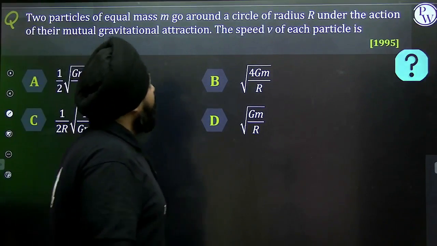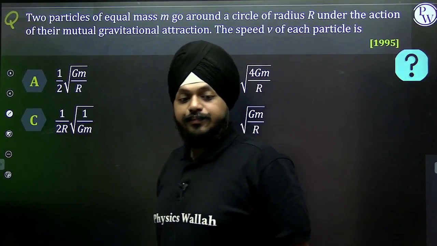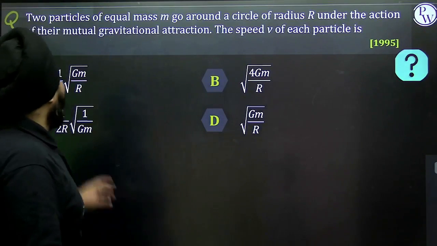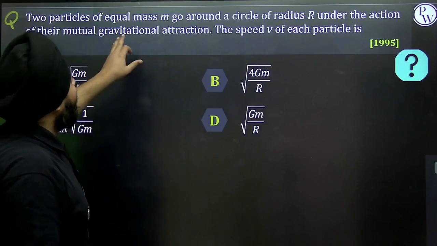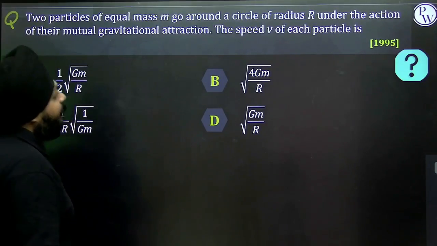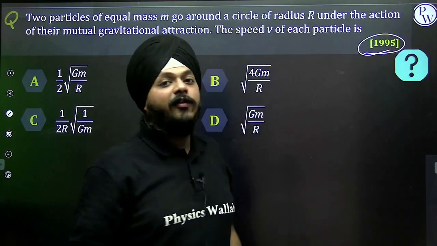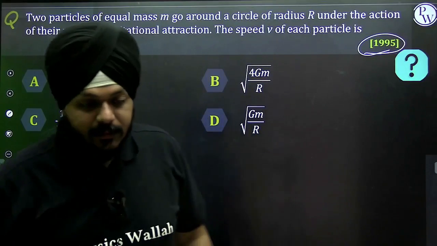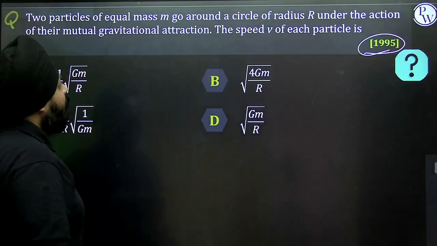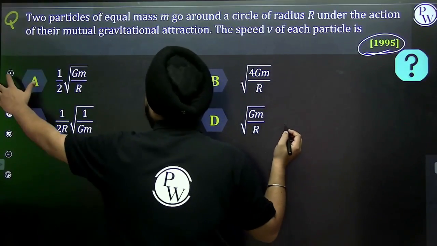Two particles of equal masses are moving around a circle of radius r under the action of their mutual gravitational forces. The speed of each particle will be what? This question was asked in 1995.